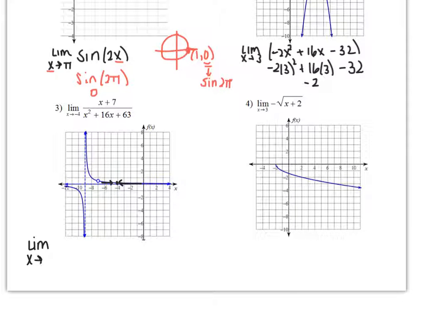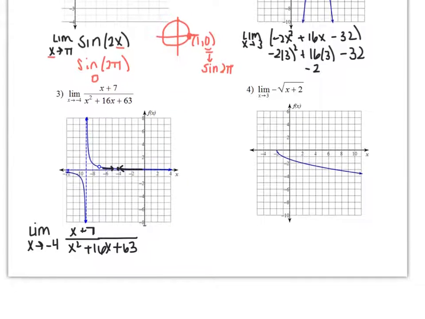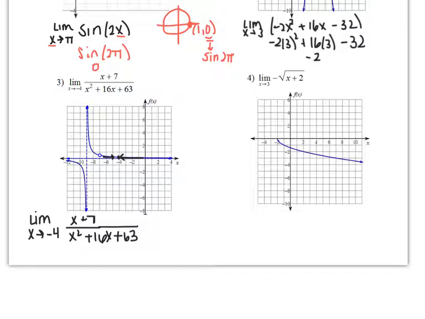I want to find the limit as x approaches negative 4 of x plus 7 over x squared plus 16x plus 63. We're going to type in negative 4 for all x values.